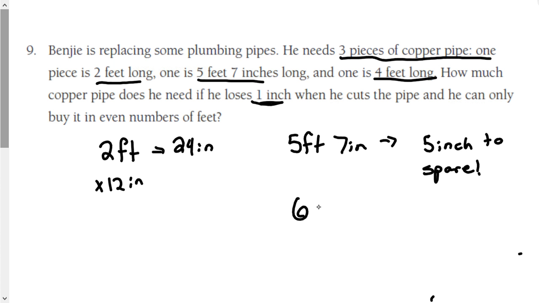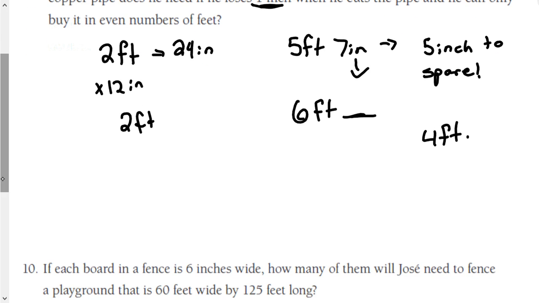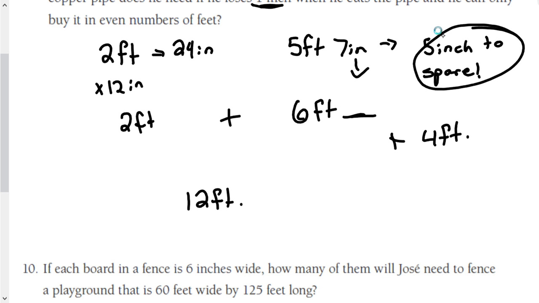So if I bought 6 feet of pipe for this one, 2 feet of pipe for this, and 4 feet for the other one, I still have lots of extra space here. So really, this is just adding them together. So I only need 12 feet of pipe because I'm just adding these together knowing that I have 5 inches to spare.